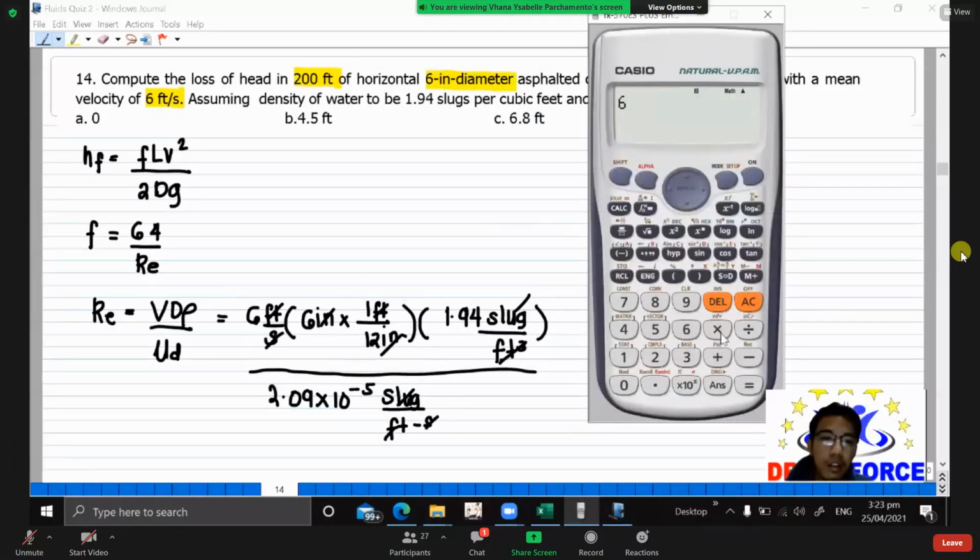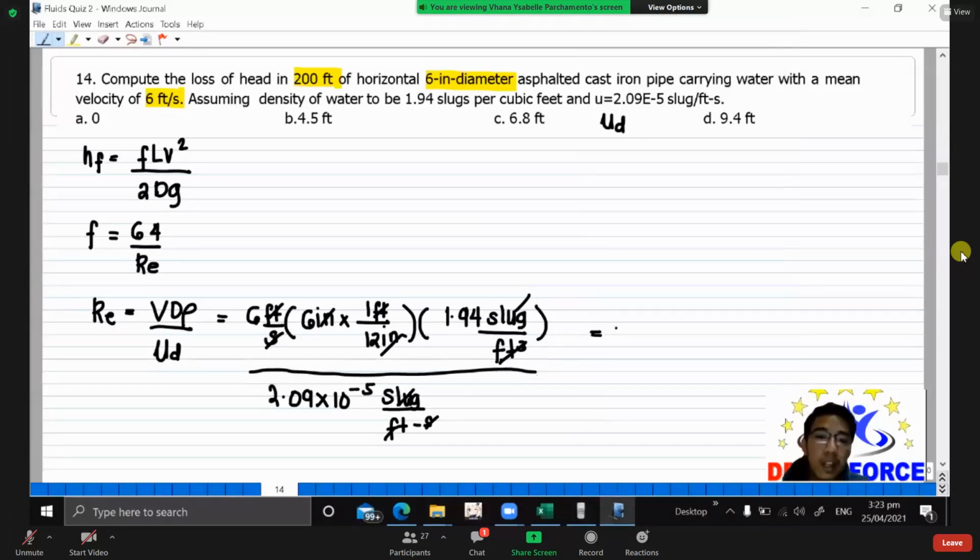What is our Reynolds number? Okay, so we have 6 times 0.5 times 1.94, by 2.09 times 10 raised to negative 5. Okay, we have 278,469.